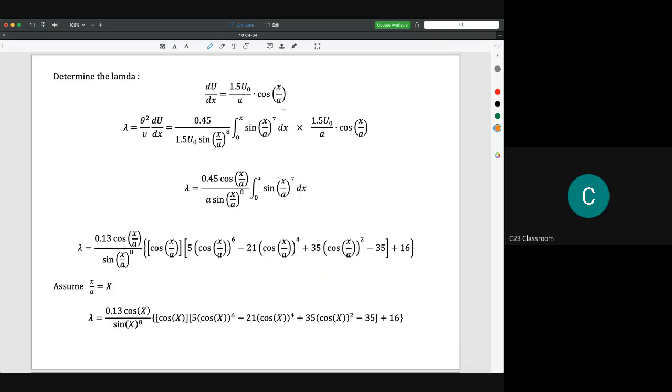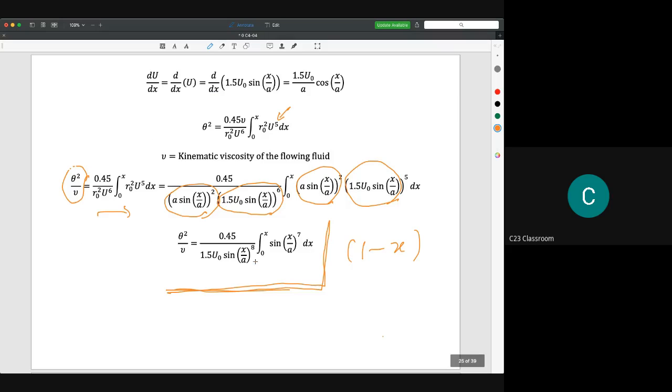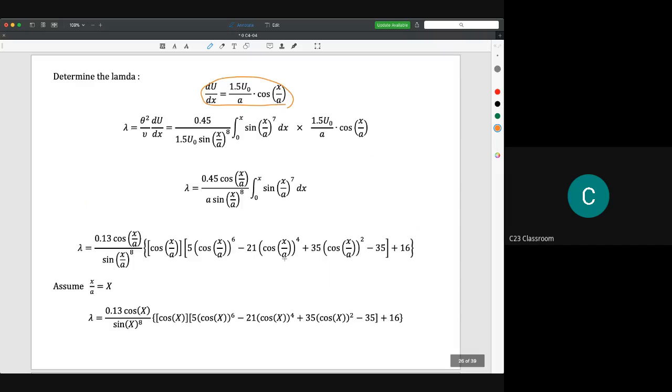We determine the lambda. So we have the lambda here. Okay, so we have the value of lambda d theta square. Oh well, we still have not integrated this one, I think. Okay, so we do it here.